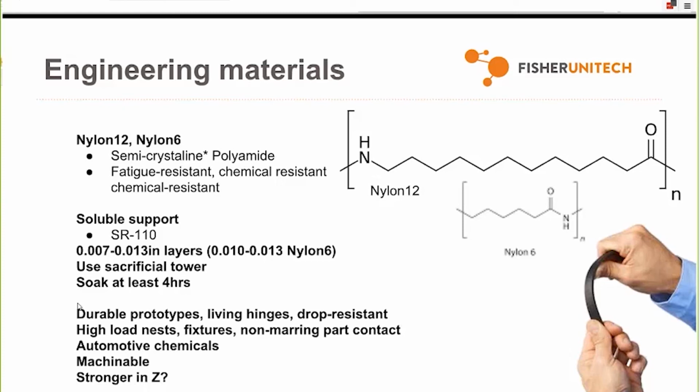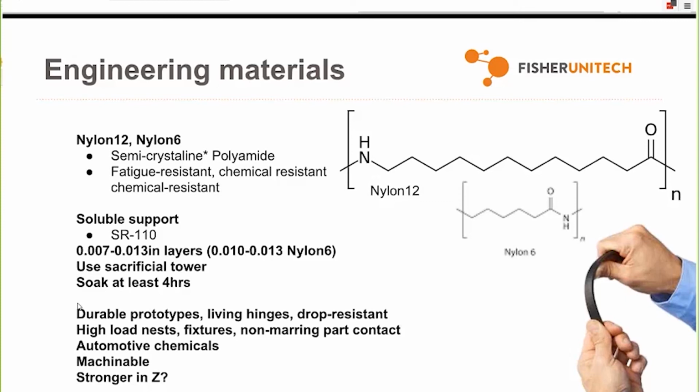Also, since nylon is very fatigue resistant, it's great for end-use prototype parts that need to flex over and over. So things like snap features, living hinges, dust shields, especially for nylon 12, all great applications for nylon. Now, nylon 6 would be great in those applications too, but bear in mind that it is 70% stiffer.